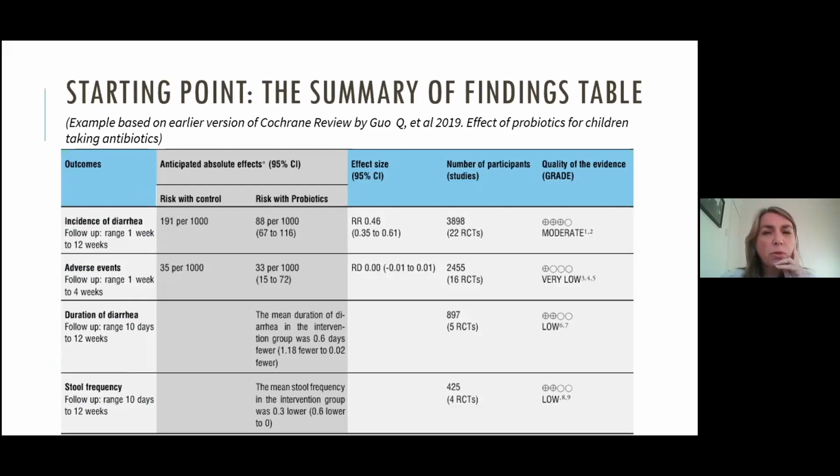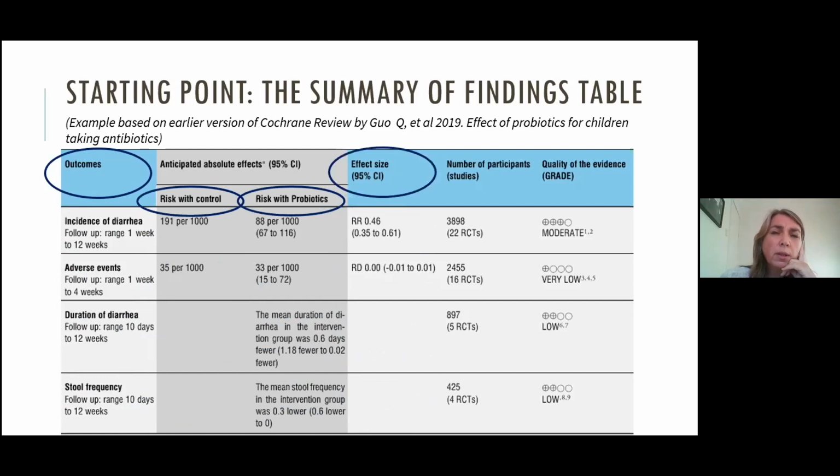So just to repeat, the summary of findings table would present the outcomes. In this case, they've looked at incidence of diarrhea, adverse events, duration of diarrhea, and stool frequency. They'll present the results in absolute numbers for the control group, the results in absolute numbers for the intervention group, the results typically as relative risk, the number of participants and the number of studies, and the quality of the evidence.